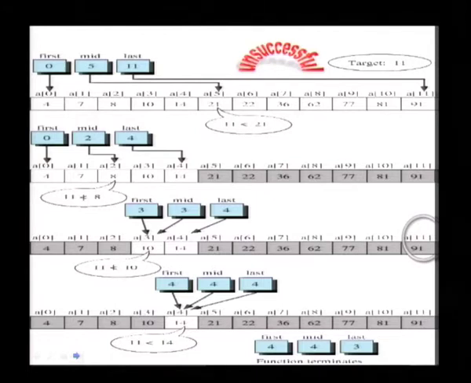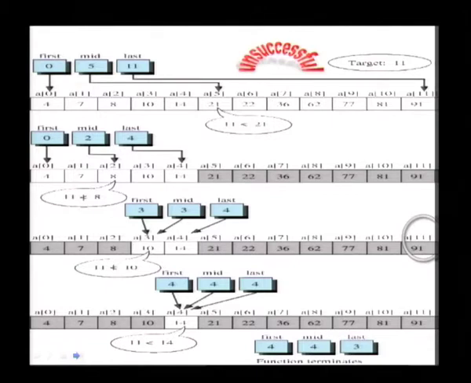So, mid was the value 2 and now observe that the value of first is now 3, that is mid plus 1 and last. As you can see that in one more query it is discovered that the search key 11 is not present in the array, and at termination condition you can see that first has become larger than last, and this is the termination condition for the algorithm.